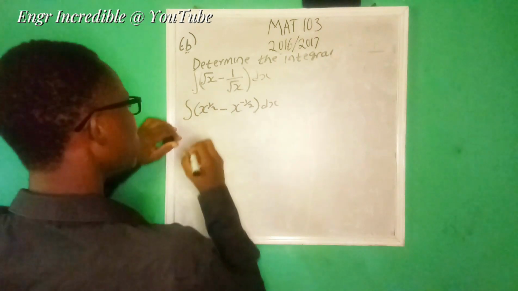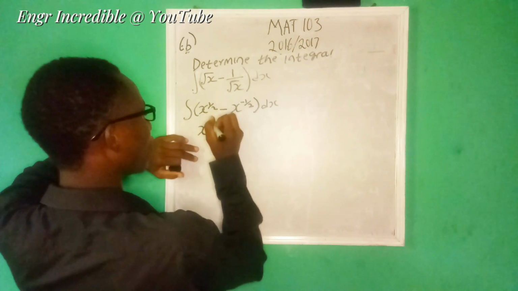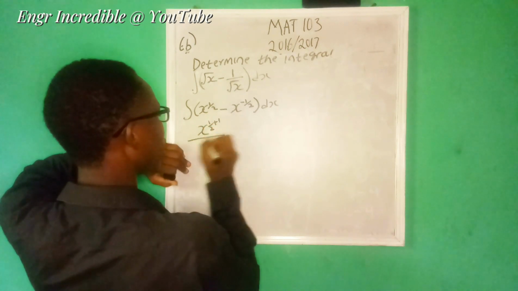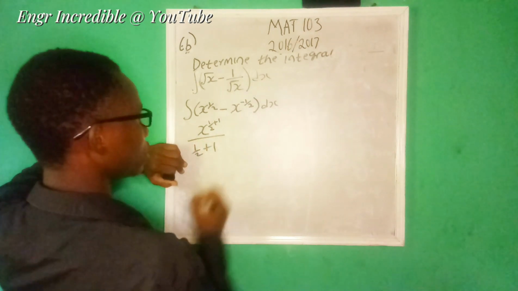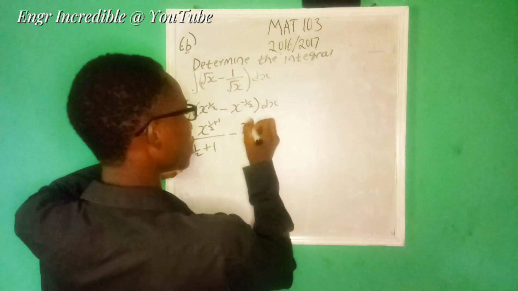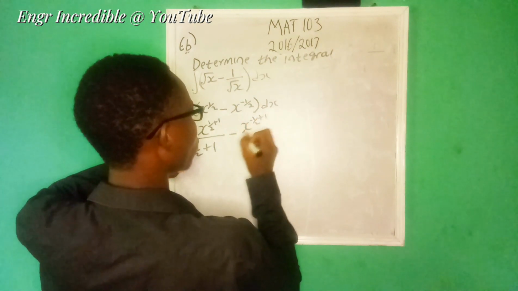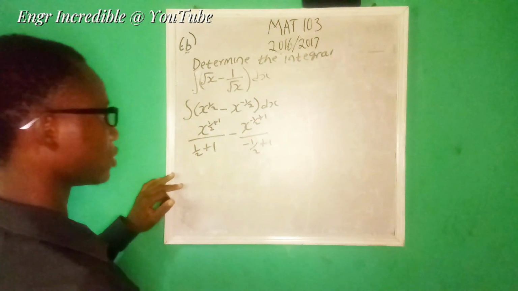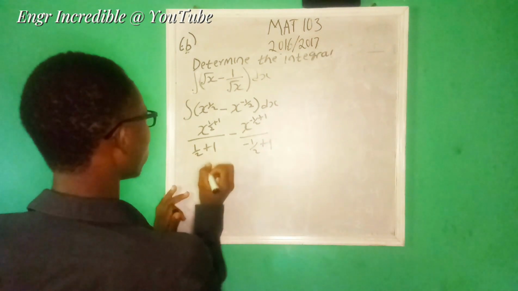Now integrating this, we have x raised to power 1 over 2 plus 1, all over 1 over 2 plus 1, minus x raised to power minus 1 over 2 plus 1, all over minus 1 over 2 plus 1. So from here it's easier for us to solve.